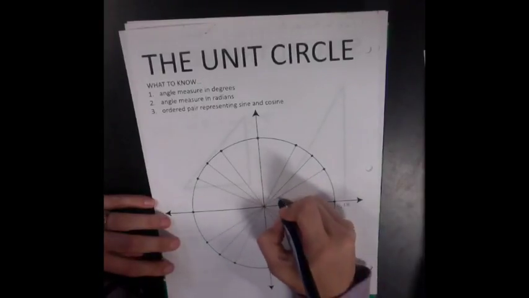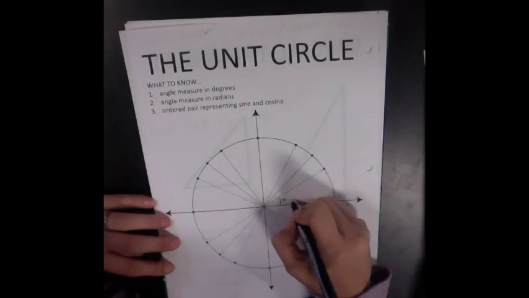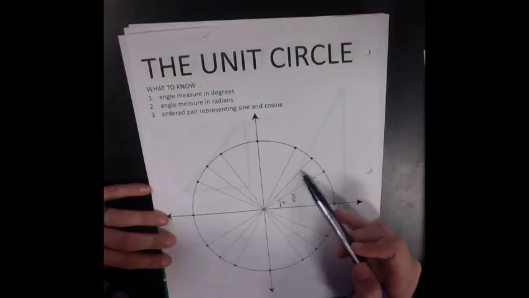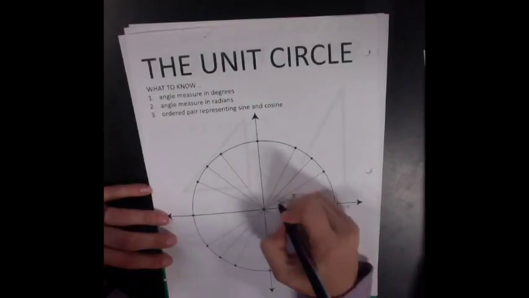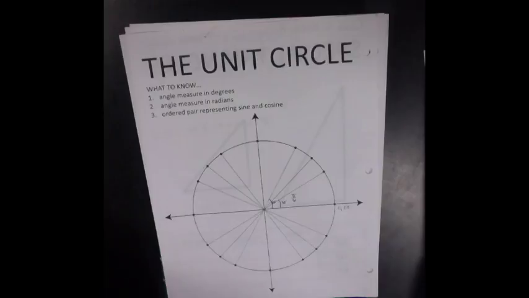Now this measure here is 30 degrees, but 30 degrees is pi over 6 radians. Now I'm going to ignore this middle line for a second. Okay, let's go to this next line. We know that this next line here is 60 degrees, right?